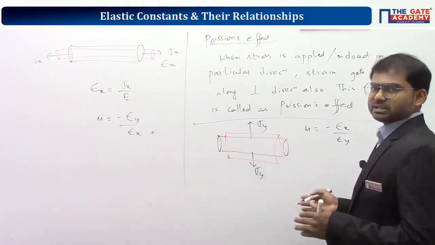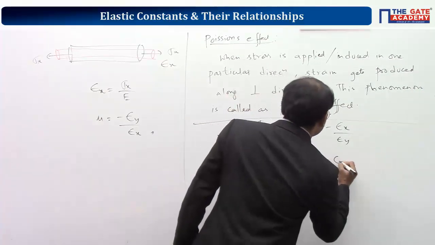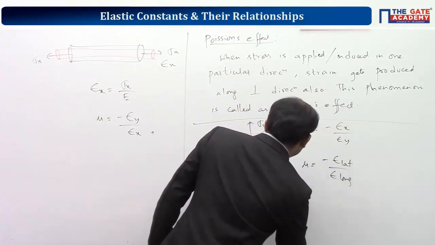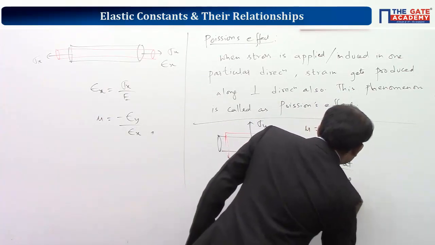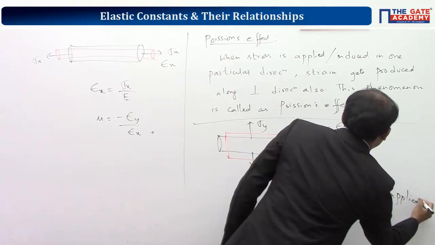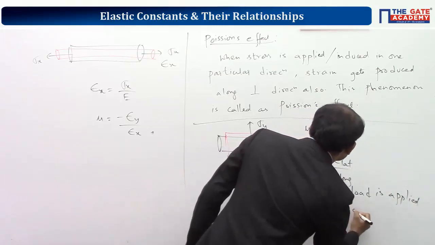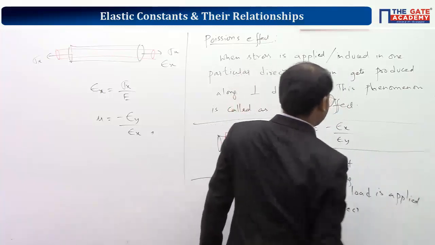In a general sense, we can write Poisson's ratio as lateral strain by longitudinal strain when stress or load is applied in the longitudinal direction. After this, you copy the last one.